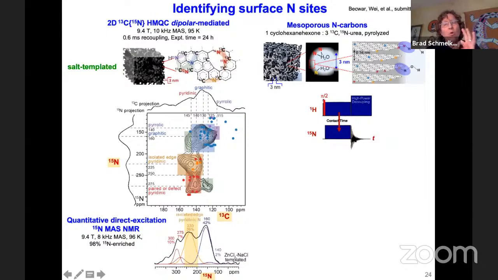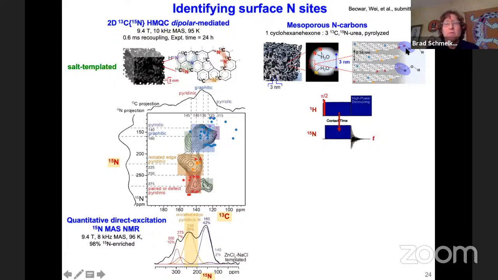You detect only those nitrogens which are accessible to surface moisture, surface water. And so as I show here, we have this nitrogenous carbon, we have surface absorbed water in the pores. The water, by chemically absorbing, is within this nanometer distance such that dipole couplings permit the polarization transfer to occur, and we use that as a filter to look at essentially only the nitrogens containing hydrogens.